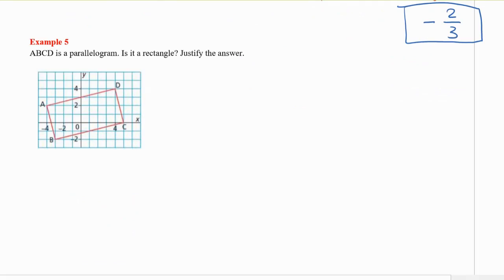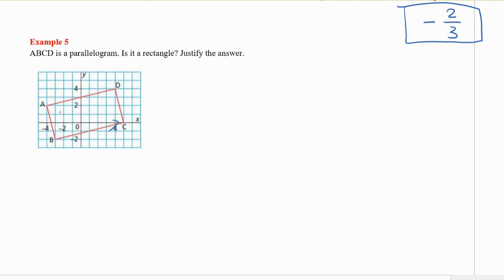Example 5. So we have parallelogram ABCD. We want to know if it is also a rectangle. Alright everyone, it says ABCD is a parallelogram. That means AD and BC are parallel, and AB and DC are parallel.